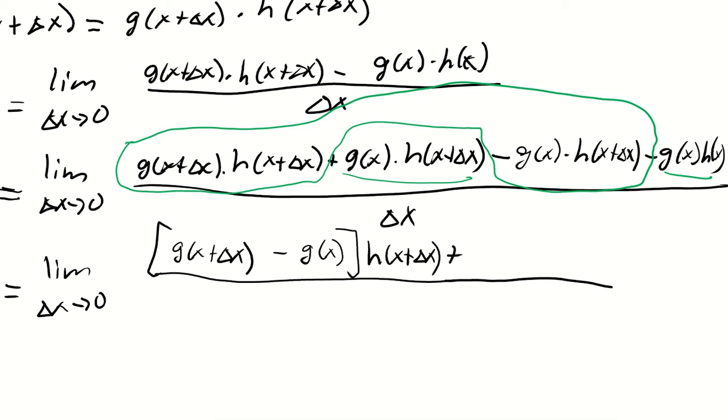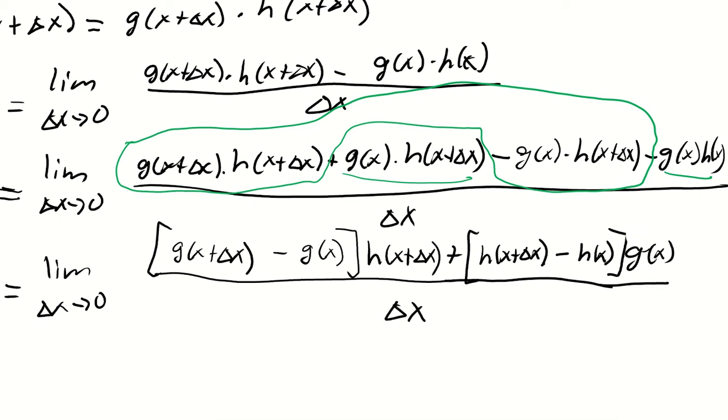So plus g of x times the remaining term here, which will be h of x plus delta x. Then here the remaining term will be minus h of x, because I factored out g of x. All over delta x.